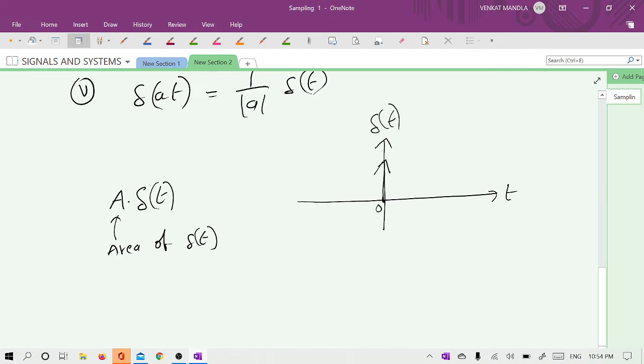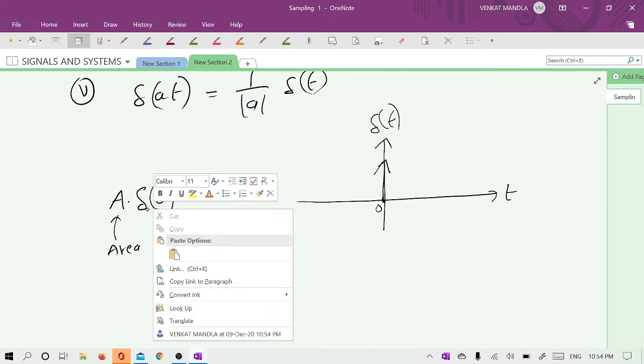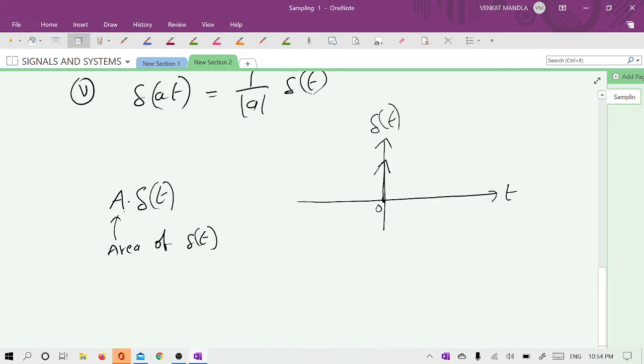At t equal to 0, it has value infinity, but area should be equal to 1 for unit impulse. If I represent a into del of t, its area is a. Okay, not amplitude. Amplitude is always infinity at t equal to 0.